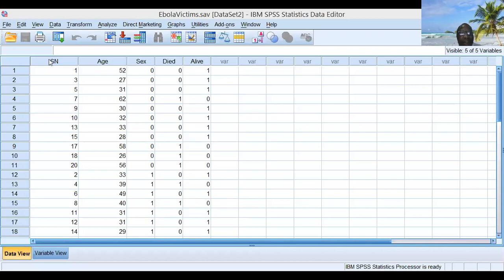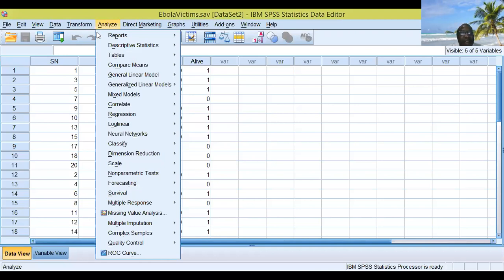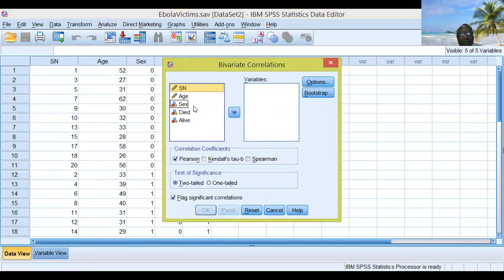We have already coded the male to be 0 and female to be 1. Correlate, bivariate. Now move both age and sex in. Just click OK. It's Pearson you are using.